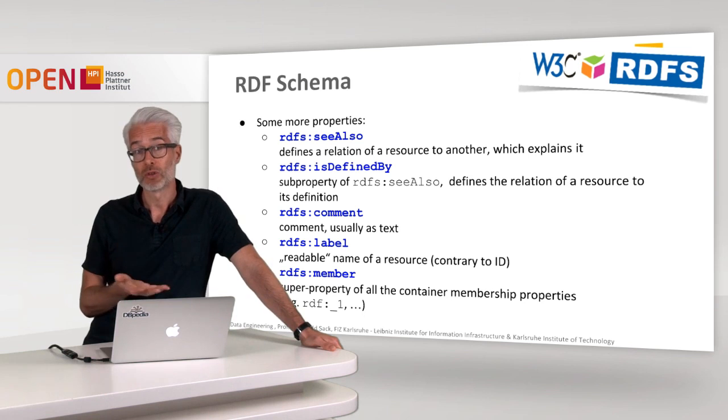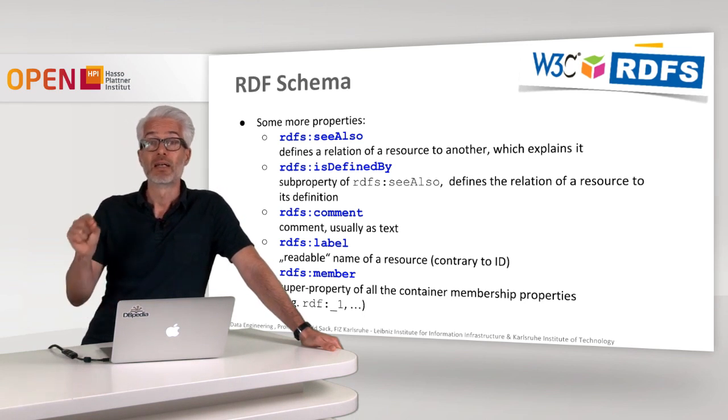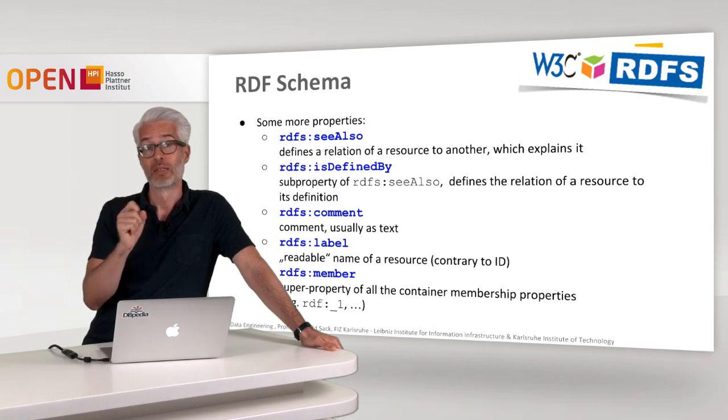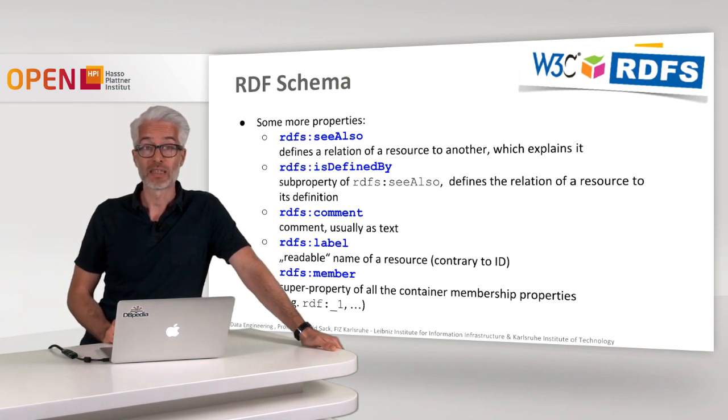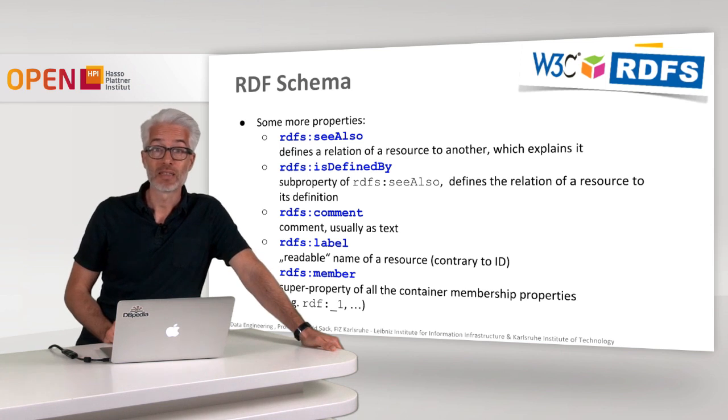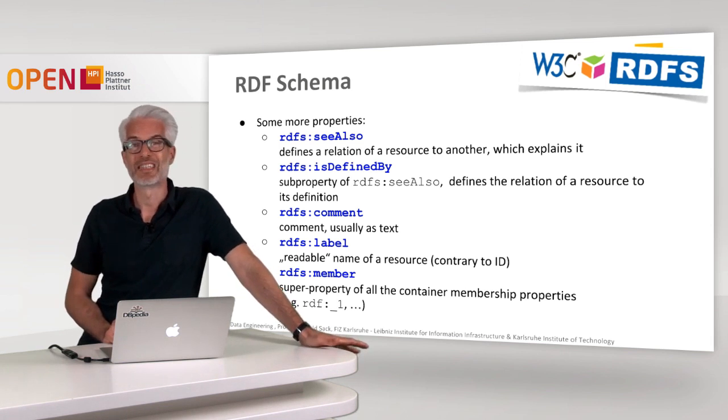So the meaning is fixed, you should use it in that way. And it means these other resources should be explained by a resource with the help of seeAlso. And if it's not only explained, but it's defined, then you can use the RDFS isDefinedBy keyword, which is a subproperty of RDFS seeAlso. And this defines the relation of a resource to its definition.